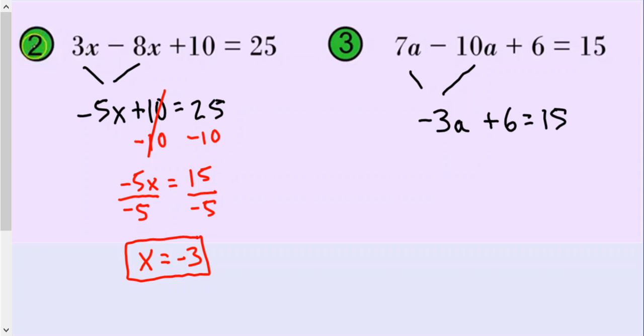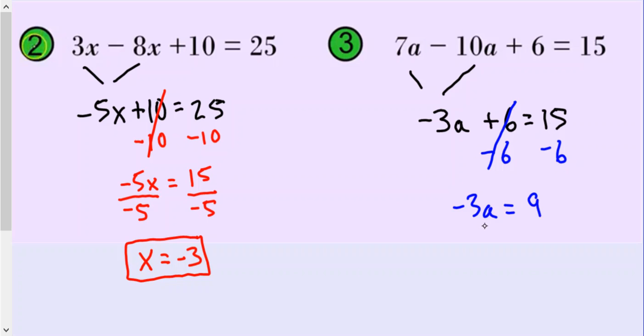And now we are in a two-step equation, so we can undo addition and then undo multiplication. So our first thing is going to be to subtract 6 from both sides. 6 minus 6 is 0, so that will cancel out. We'll be left with negative 3a. And on this side we have 15 minus 6, which will be 9.